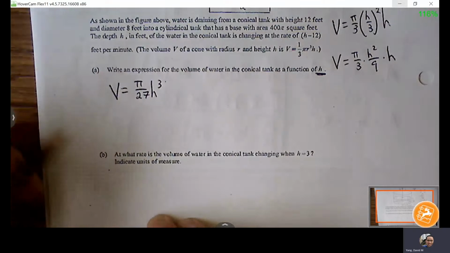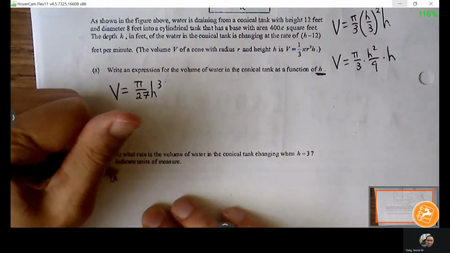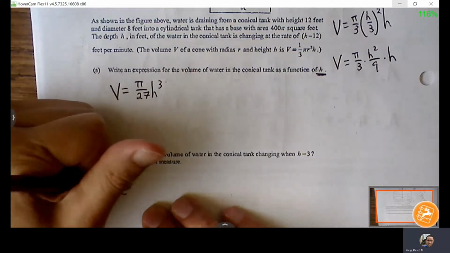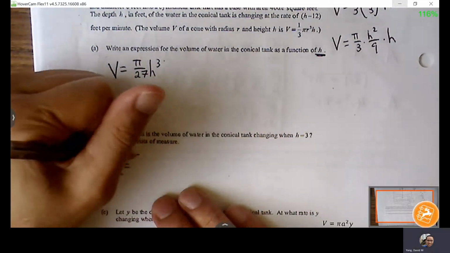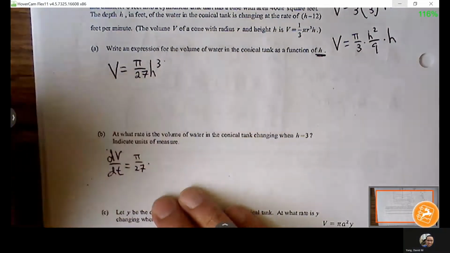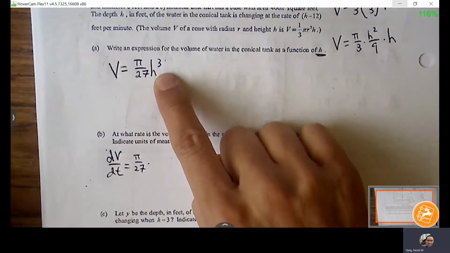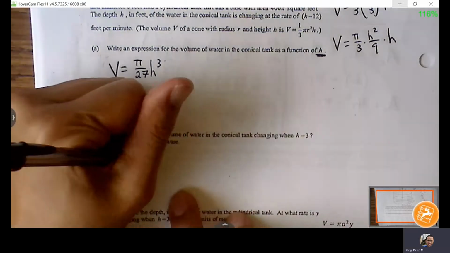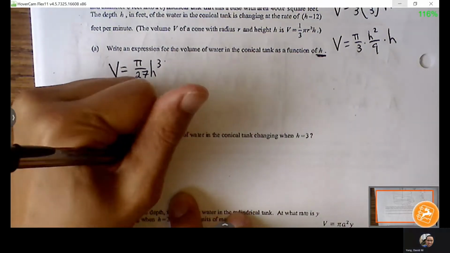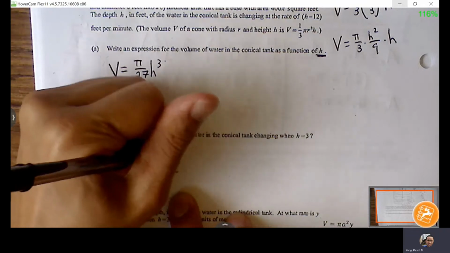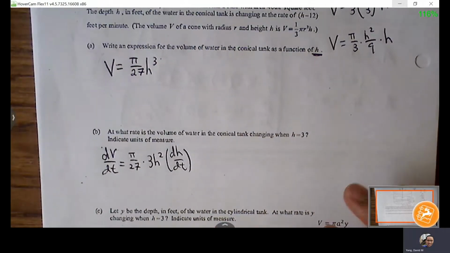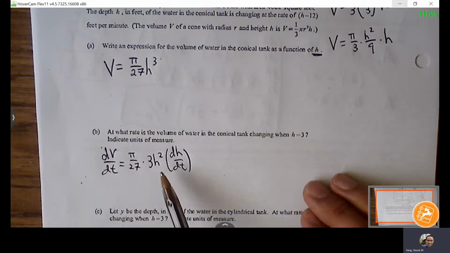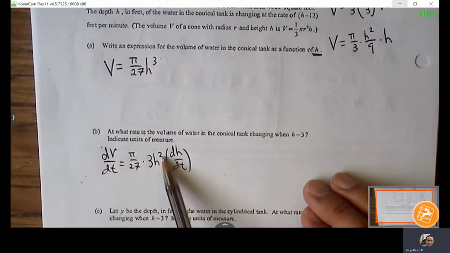Okay, so V becomes dV/dt. Pi over 27 stays. h cubed becomes 3h squared. And don't forget dh/dt. Okay, we have that in for h, but it looks like part B doesn't mention anything about dh/dt.